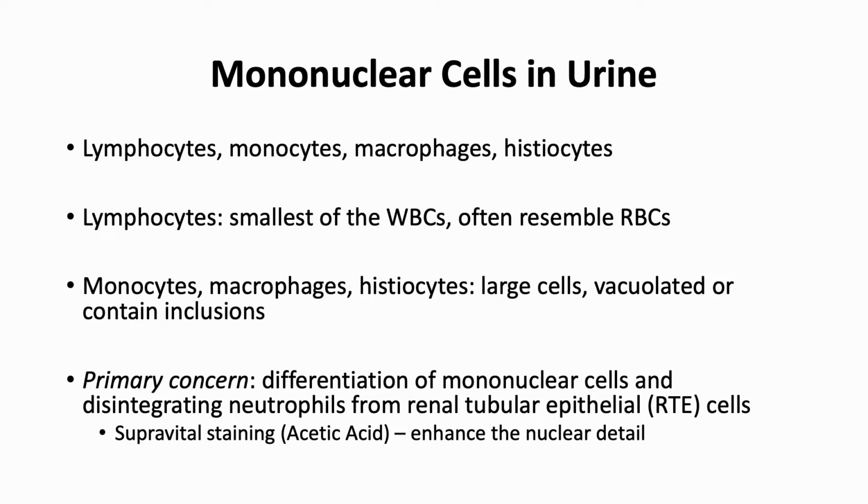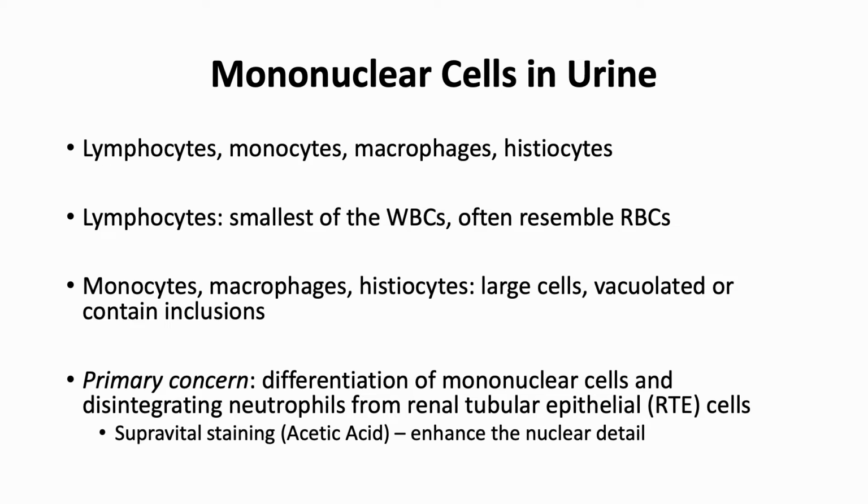The primary concern here is to differentiate the mononuclear cells from disintegrating neutrophils and from renal tubular epithelial cells. The renal tubular epithelial cells appear somewhat larger than the leukocytes. They're more polyhedral in shape, and they have eccentrically located nuclei.